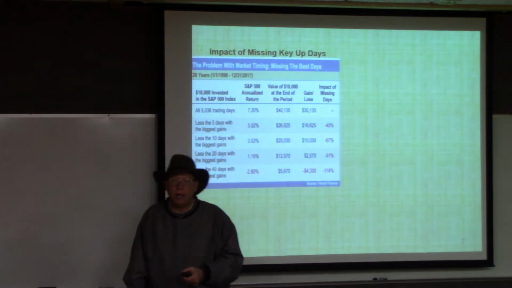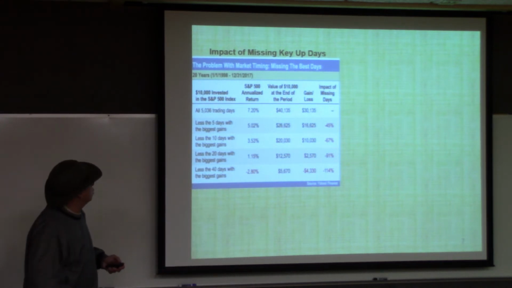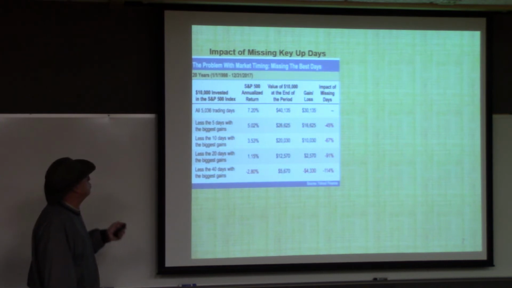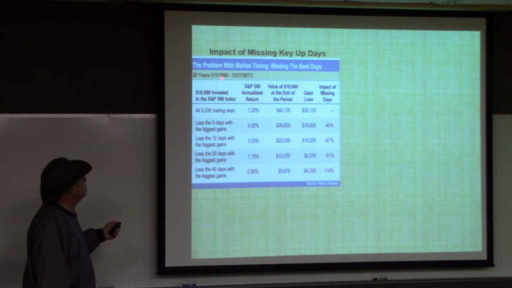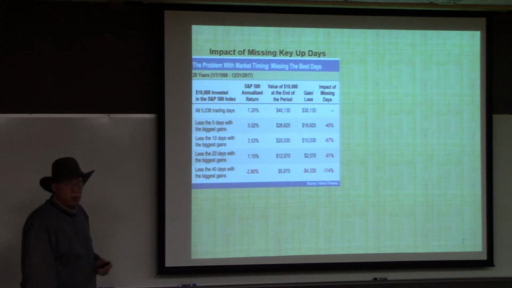So here's the impact of missing some key up days, okay? What this table does is it looks at the S&P 500 over a 20-year period of time, 1998 to 2017. Over that 20-year period of time, there were 5,036 trading days. The average return for the S&P 500 annualized over that period of time, 7.2% a year.